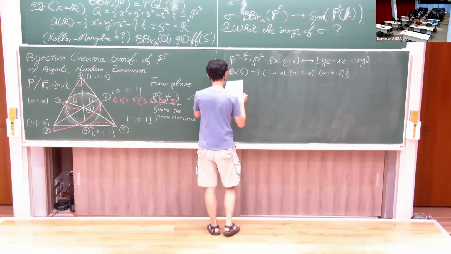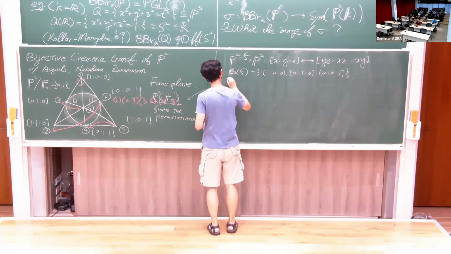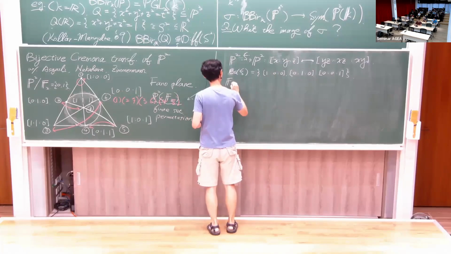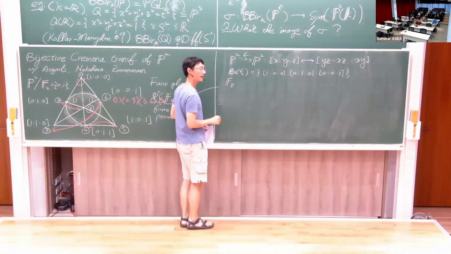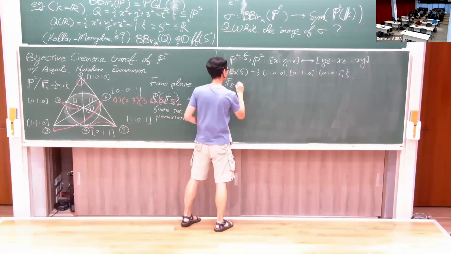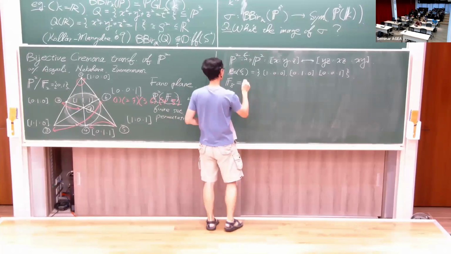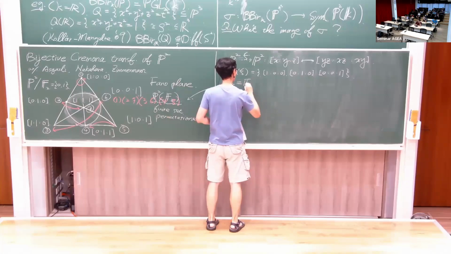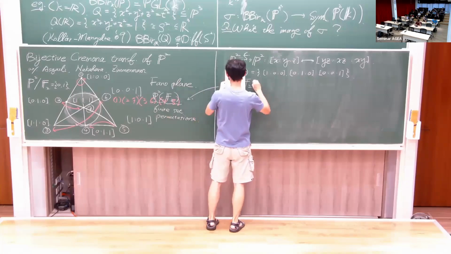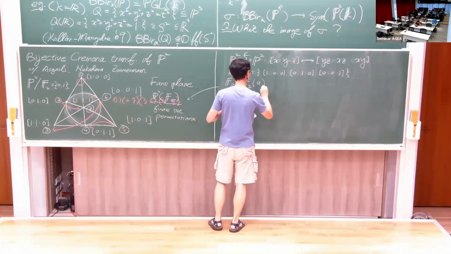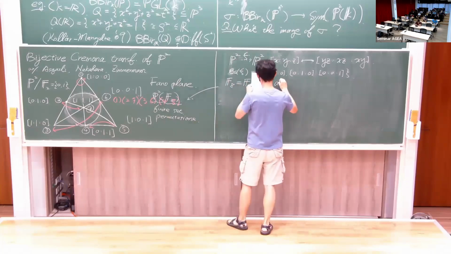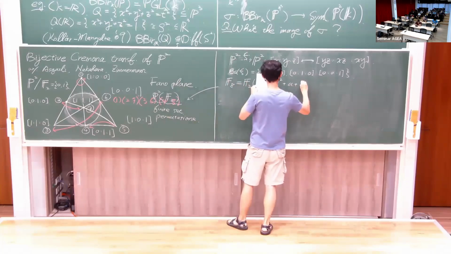More precisely, let's consider F8, the finite field with 8 elements. This is a degree 3 extension of the field of 2 elements, and you can write it as F2 adjoined with an element A, where A squared plus A plus 1 is equal to 0.